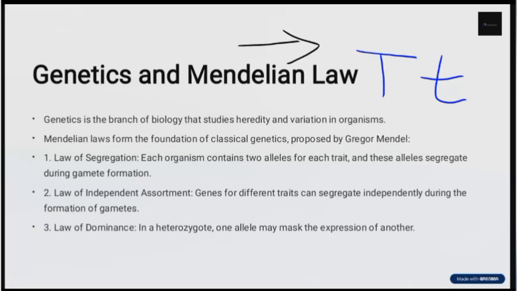The law of segregation says that each organism contains two alleles for each trait, and these alleles segregate during gamete formation. Let me read it again and then summarize and then explain. Each organism contains two alleles for each trait, and these alleles will segregate during gamete formation.